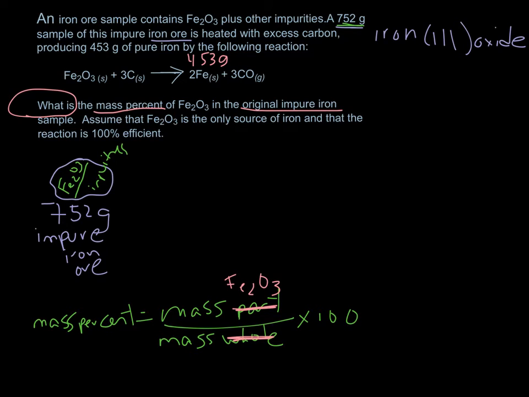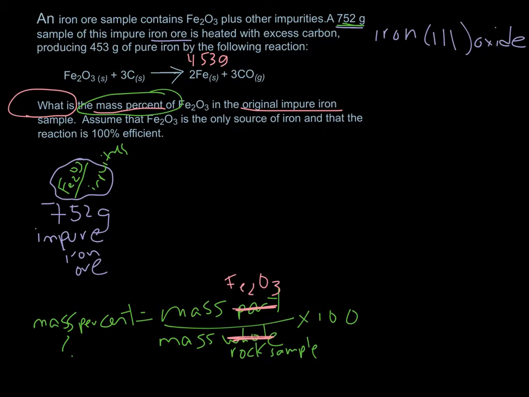So this is the mass of the whole rock, or the whole sample, times 100. Now I have an equation. This is what I'm looking for, this mass percent. That's what I'm asked to find up here. And I have an equation describing how I can get it.